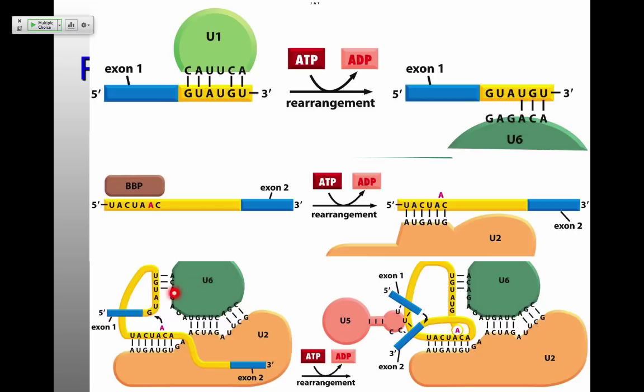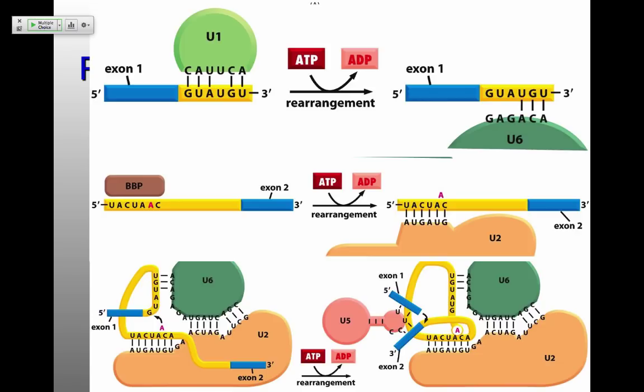Now U6 we already have bound to the 5' end. That's what we saw that happened up here. And that's associated now also through base pairing interactions with U2, which is how the 5' end gets brought close to this branch point. And then lots and lots of RNA helicase activity happen.